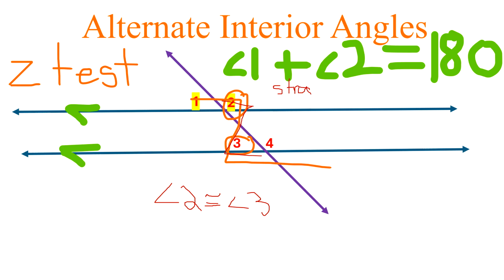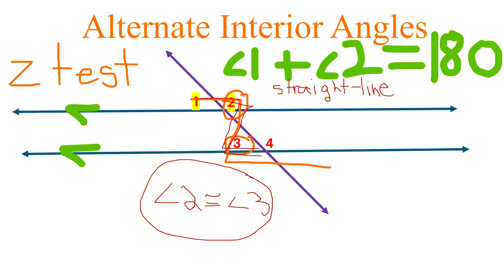They have to be equal. Why? Because they're next to each other and they have to equal 180. Angle 2 is equal to angle 3. Okay, and you do a z-test to figure this out so that you can get these across and see what's going on. Now, let's move on to our next.